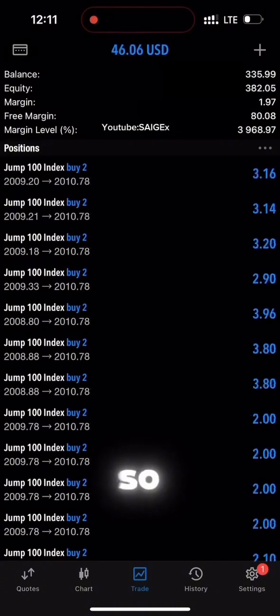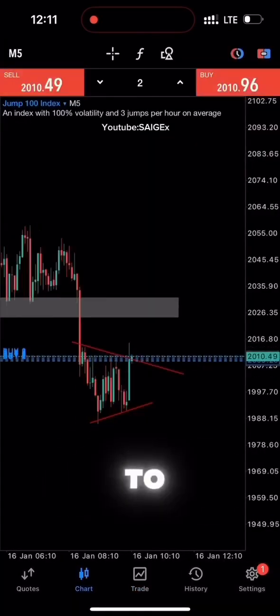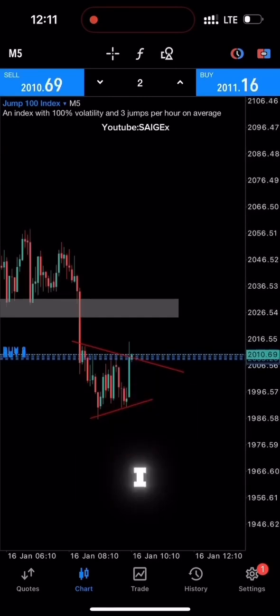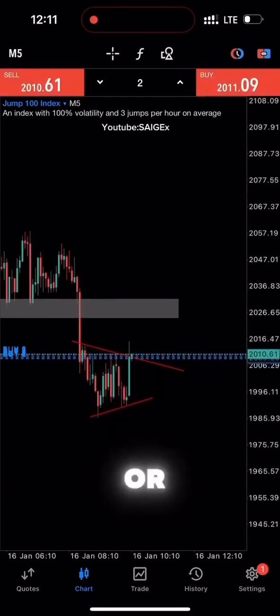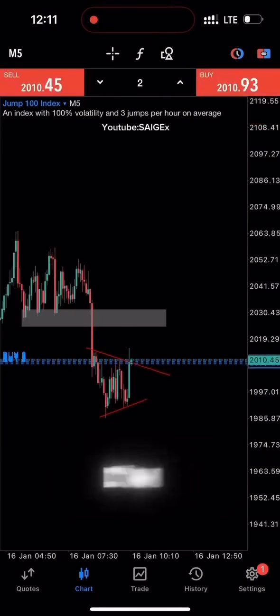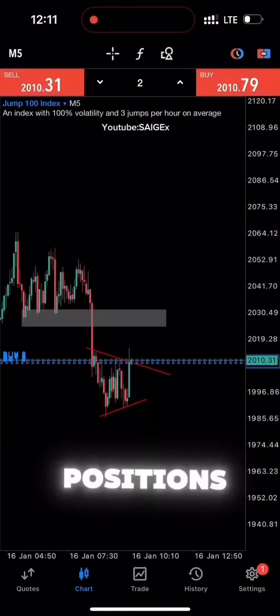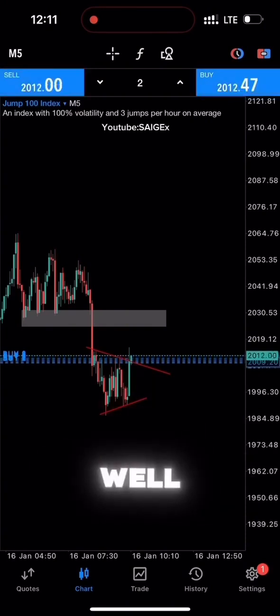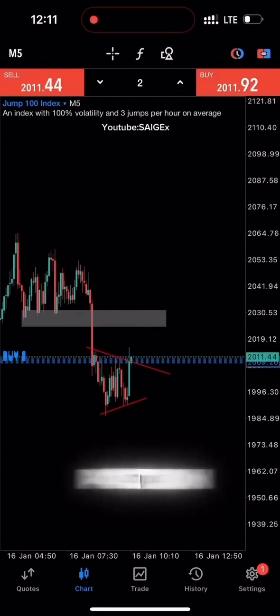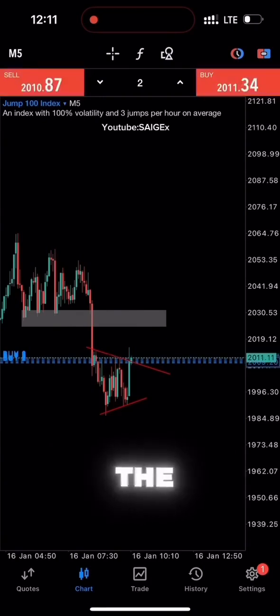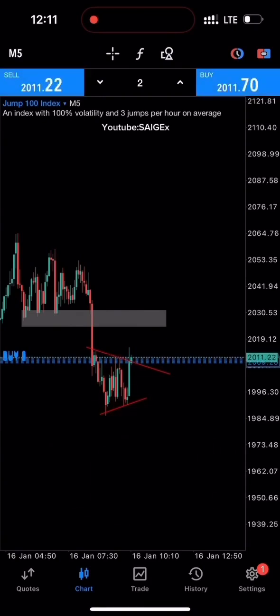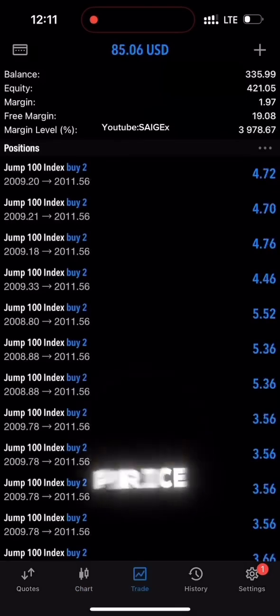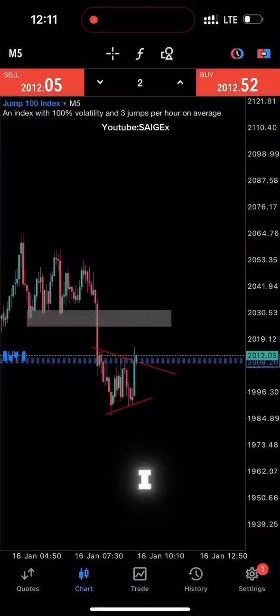So like I've told you before, the price has to go up to that level. So that is why I went full margin, because the price has to go up. You see, the problem with me here, I don't put the stop losses or the take profit. I'm always tired because I put a lot of positions. A lot of people ask, why do I put a lot of positions here? Well, if I put one big position at the same point, what if the price decides to reverse first and I've put a big position?